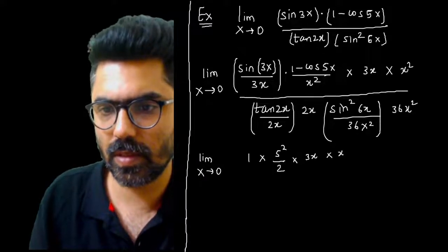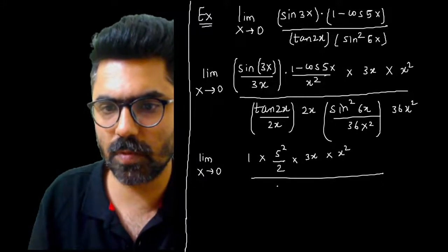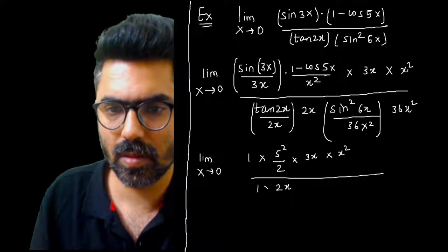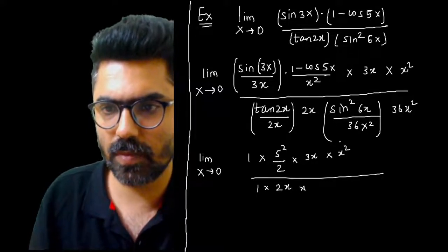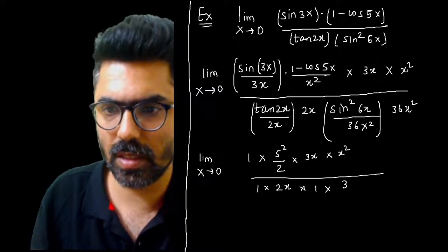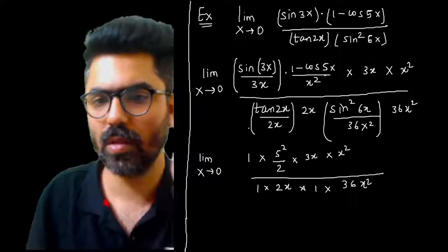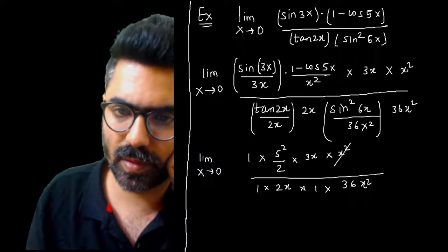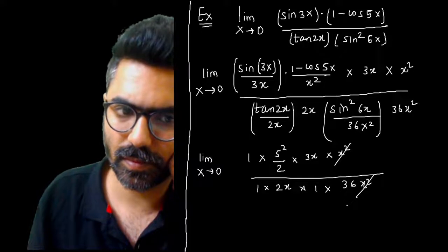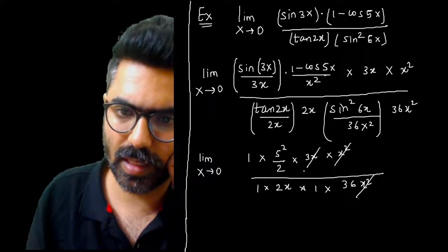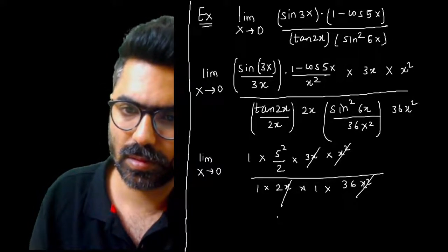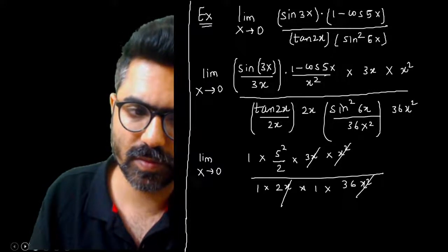And this x square upon this part again becomes 1. This part becomes 1 and 36x square. So if you observe, x square gets cancelled, x gets cancelled. What is left now?